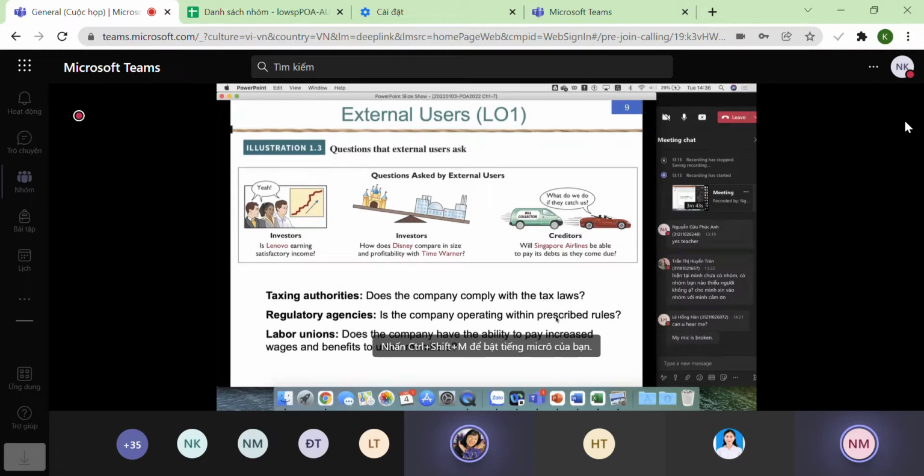We have many kinds of external users. And among them, who have the direct benefit from the activity of the company? Investors and who else?